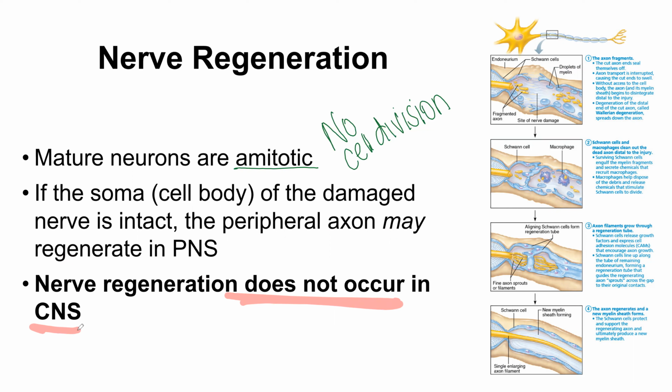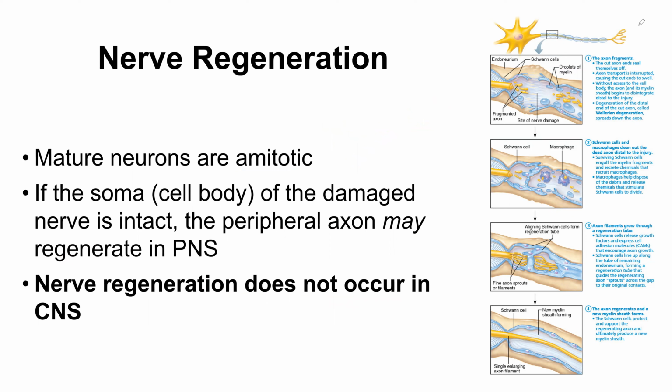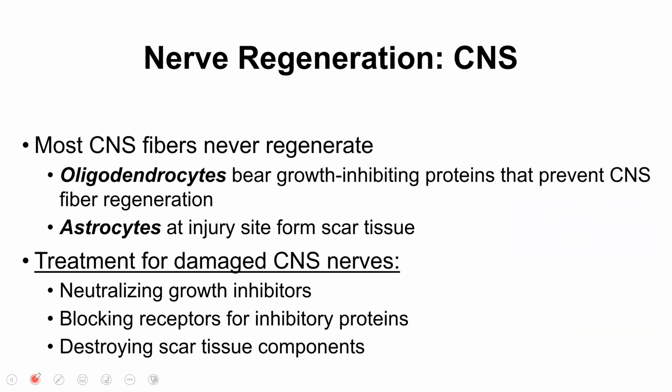Okay, nerve regeneration does not happen in the central nervous system. So let's talk a little bit more about this. And we're going to talk about why nerve regeneration doesn't happen in the central nervous system.